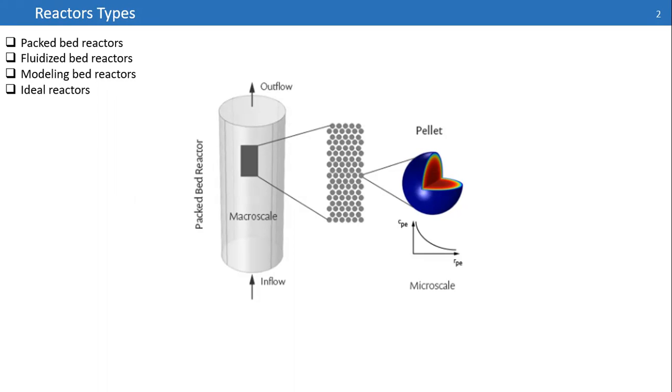But when you increase your velocity and your regime becomes similar to, for example, the fast fluidization regime or turbulent regime, increasing the superficial velocity in the fluidized bed reactor helps your reactor behave much more like a plug flow reactor.